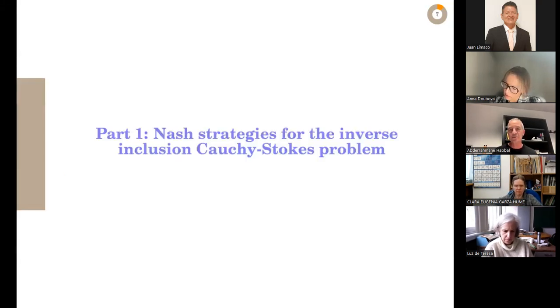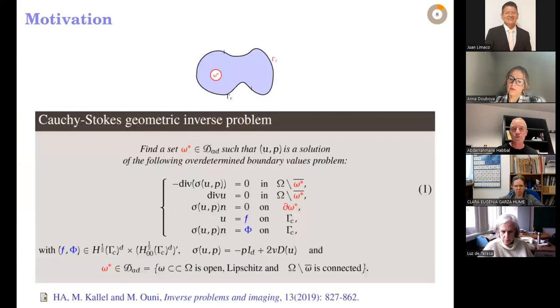Okay, so let me first start with the case of linear Stokes flows. The problem is the following. We have a domain omega here, with gamma C the accessible boundary and gamma I the inaccessible boundary.